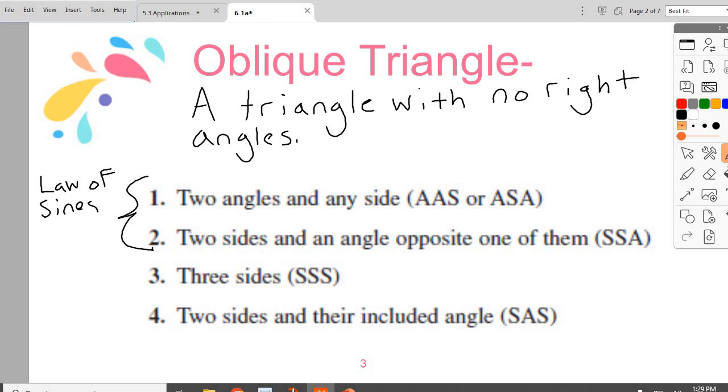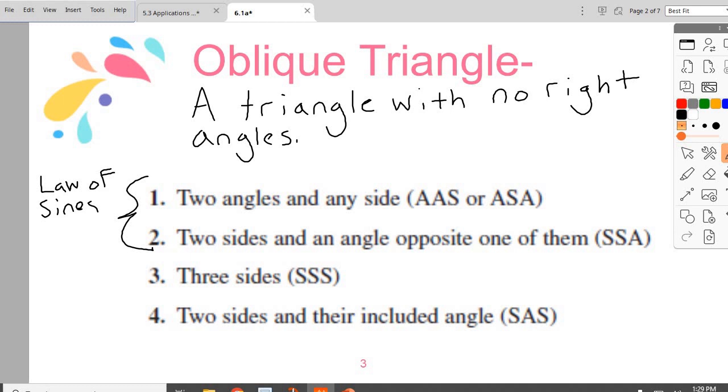What are we given on the second one? Angle, angle, side. And on the last one? Start with the side. Agreed. Remember that it doesn't matter where you start, but you have to go in order after that. So this could also read side, angle, angle, and that would be okay.